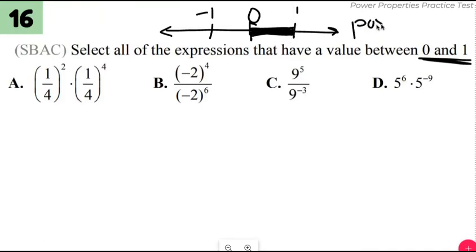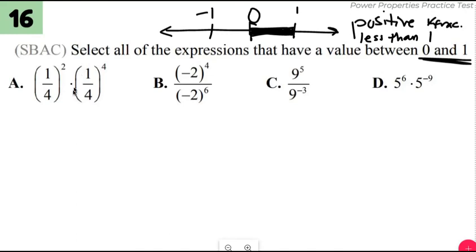So it must be positive and less than 1, right? So it's got to be some sort of fraction. Without any whole numbers, not improper, that type of thing.